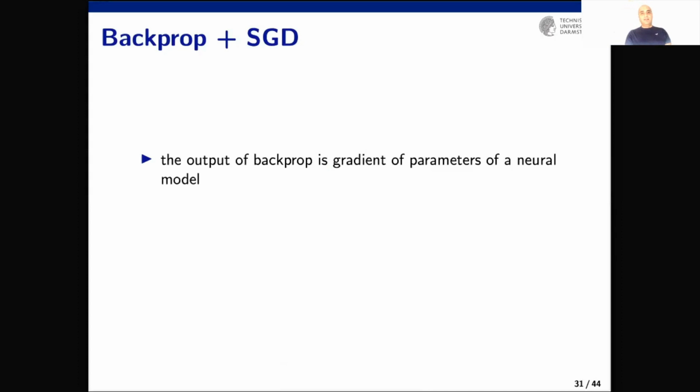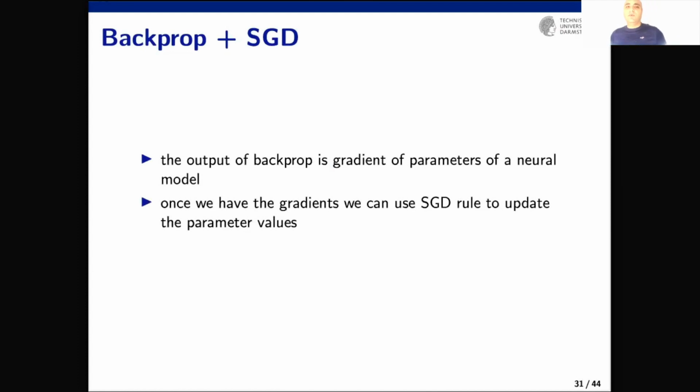Okay, so as we discussed, the output of the backpropagation algorithm is the gradient of the parameters of a neural model. So now we have the gradient of all parameters in a neural model. Once we have the gradient, we can use the stochastic gradient descent rule to update the parameter values.